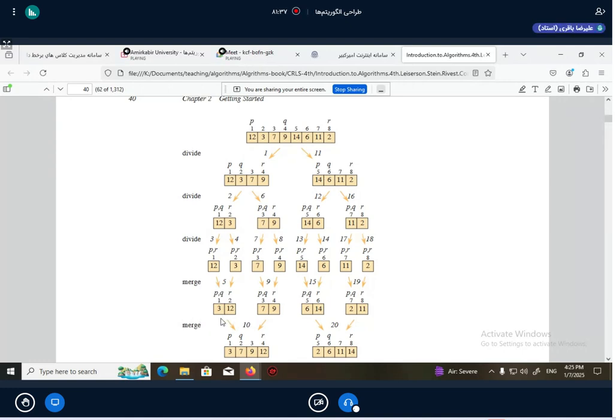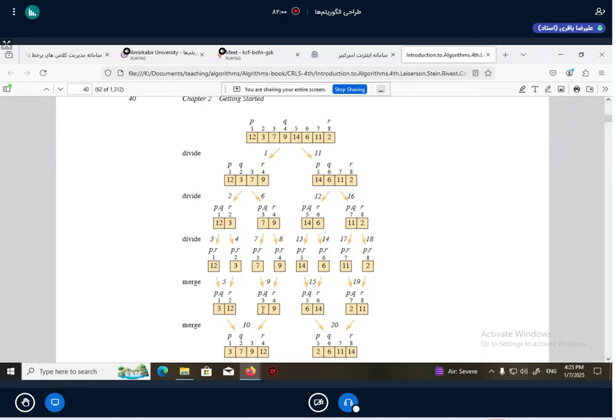Two arrays L and R are considered. The first part is copied to L, the second part is copied to R, and we have indices I and J. As I described in the merge, these two parts are merged: 3, 12, 7, and 9.